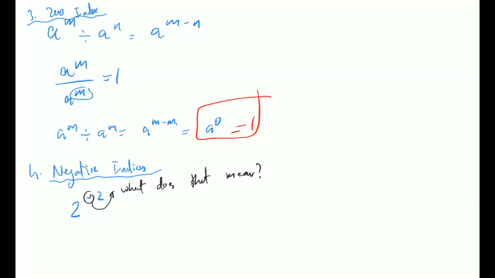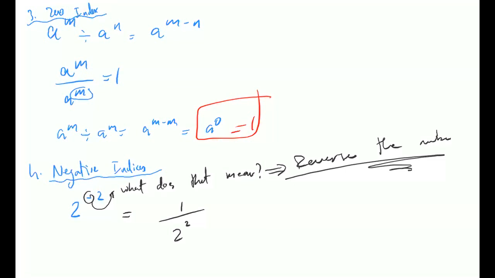So basically that will mean 1 over 2 power 2, right? Reverse the number. So 1 over 2 power 2 is equal to 1 over 4. Okay, no problem.